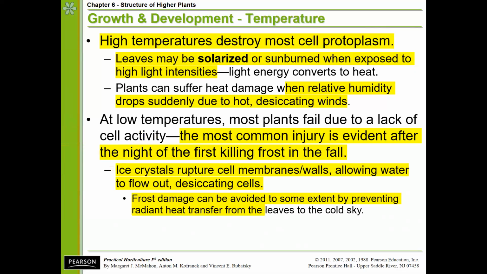Of course, we also have, on the opposite end of the spectrum, lower temperatures causing what we've been having a lot of lately, frost, that actually causes the rupturing of cell membranes and walls, and then subsequently the drying out of cells, which we can prevent by basically putting a barrier between the plants and trying to prevent the radiant heat transfer from the leaves to the sky.